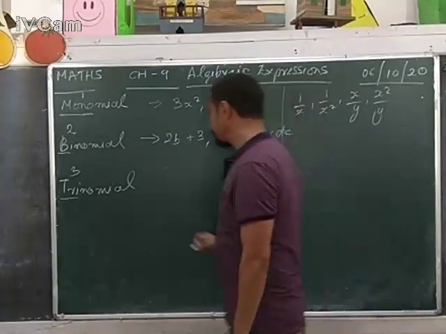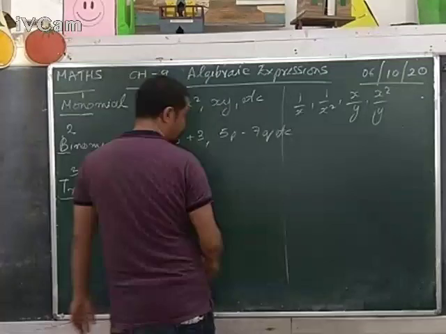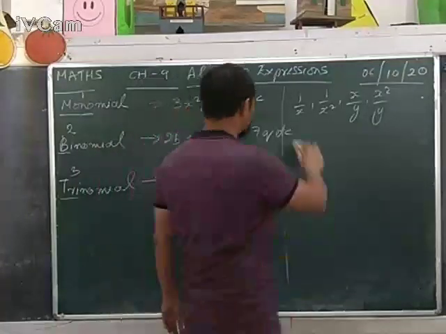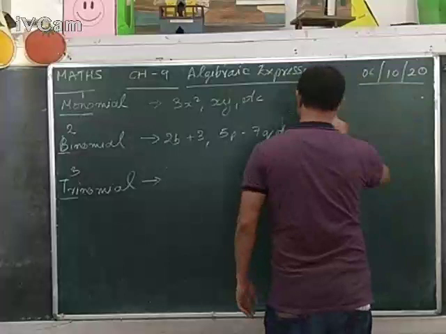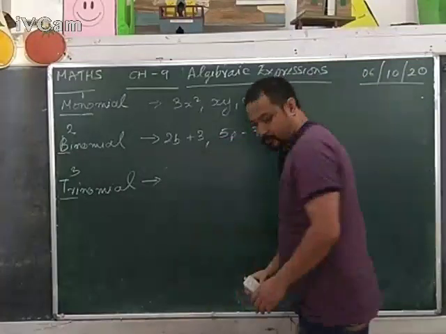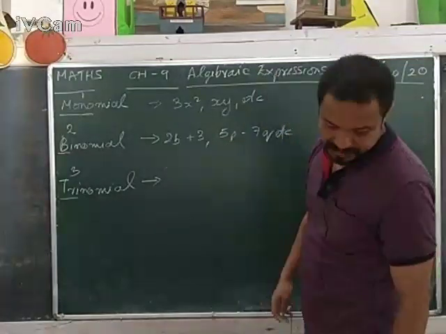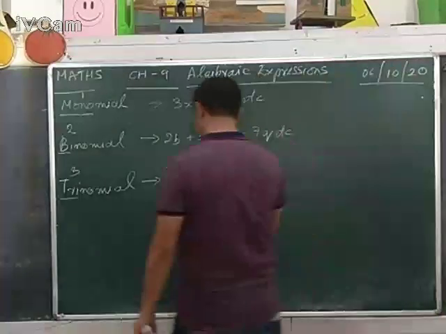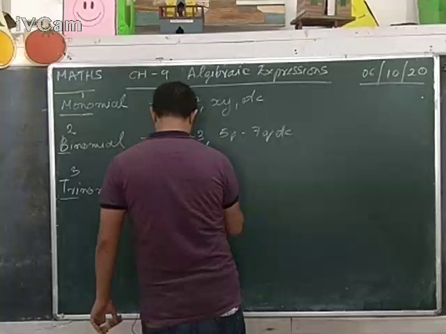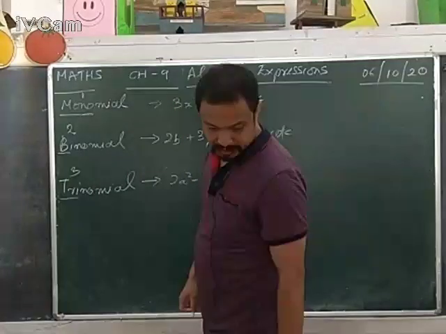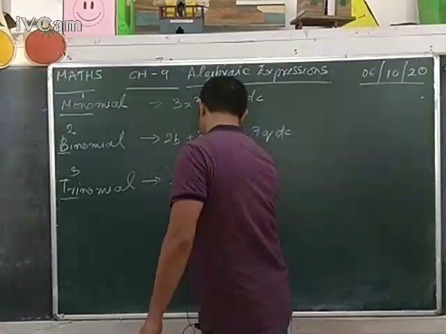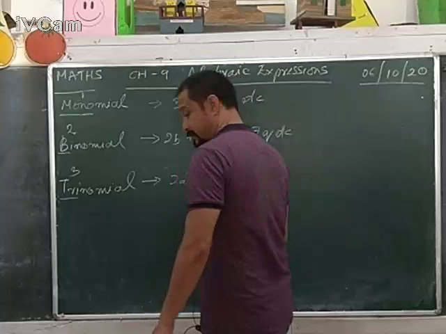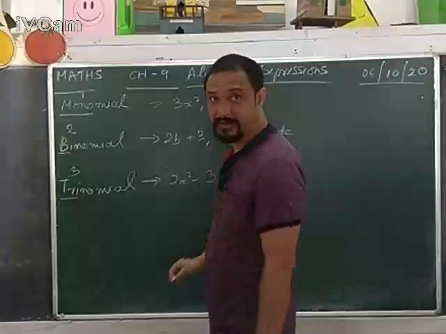Trinomial, again, according to what's given in the book, I will do that. Trinomial is 3. I think in the book it's given as 2a square minus 3ab plus 5b.